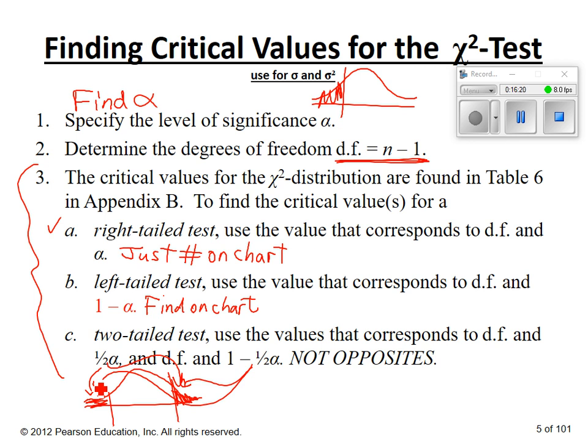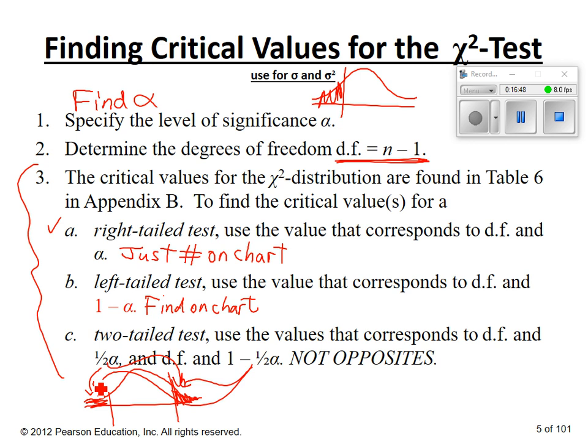Remember, your chi-squared doesn't look the same as the other graph. Your chi-squared looks like this, where it's got a tail on that side. So we're finding the critical values here and here, and we're gonna look them both up on the chart. For the one side, you just take half of alpha.